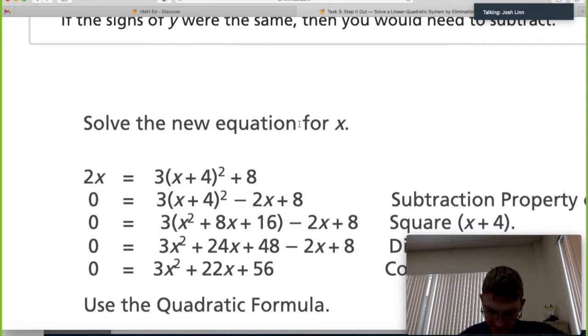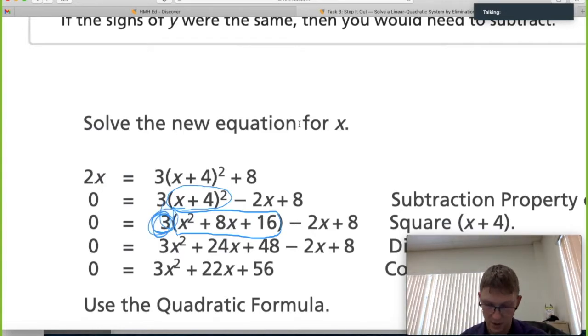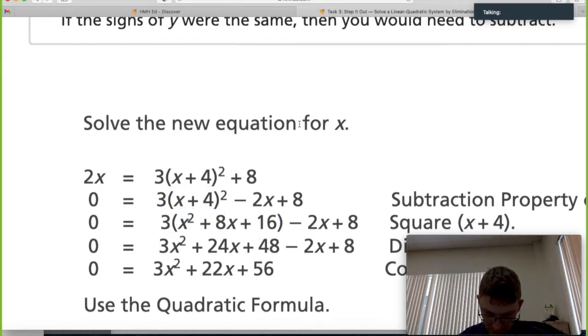So here we are. Then from there, they are squaring this thing out. That's what this part is. Then we have to distribute this 3 in, and that's where we get this part. And then after that, we're going to combine like terms.